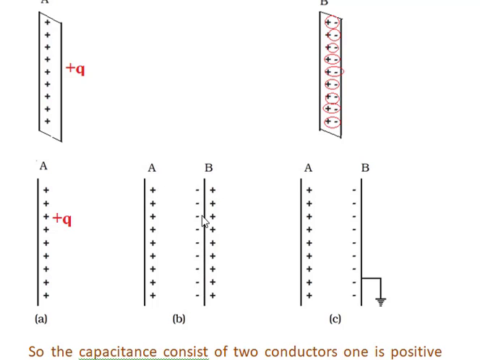So the negative charges appear on this surface and positive charges appear here. Now the plate B is earthed, so the positive charges on the other side of plate B go to earth. So this setup consists of plate A with positive charges plus and this plate with negative charges minus.